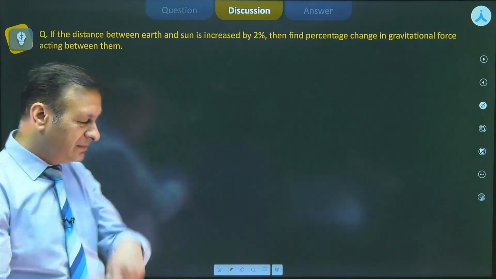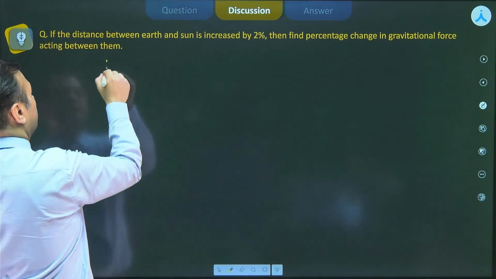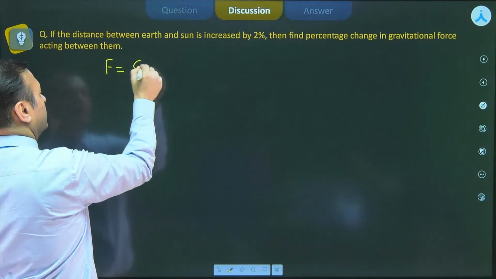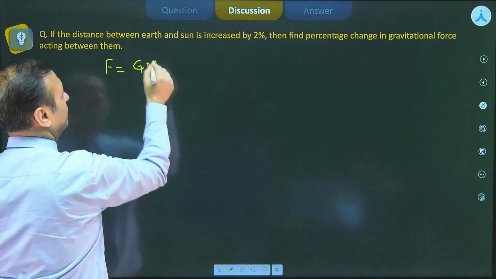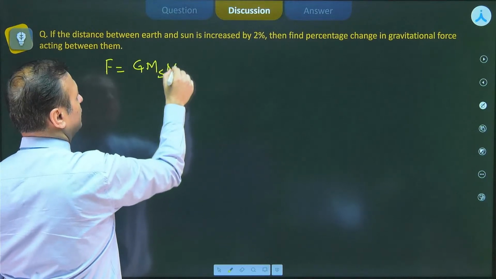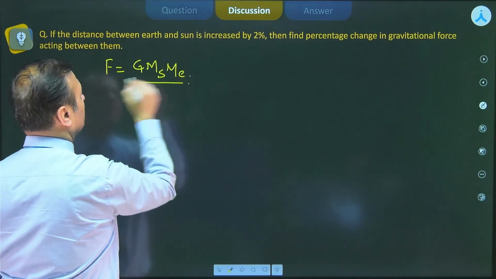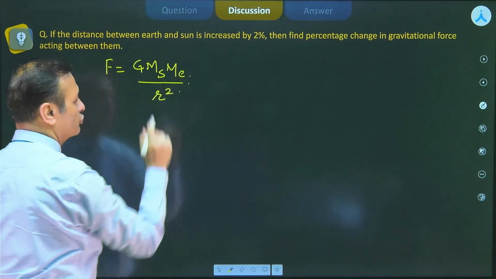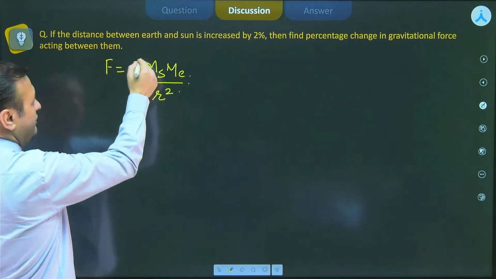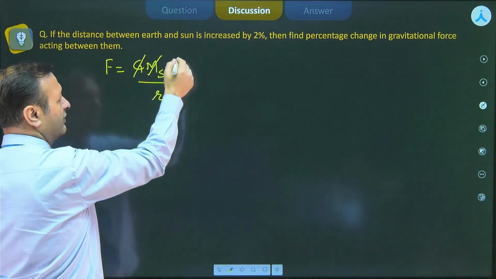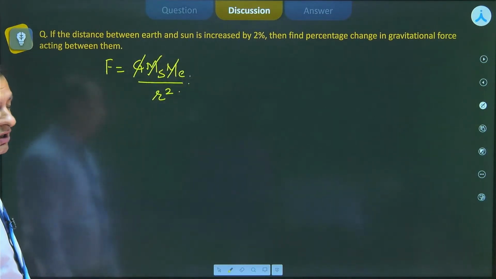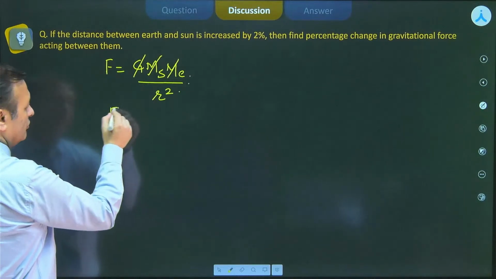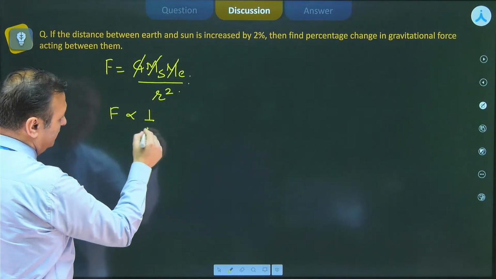Gravitational force is given by G, mass of Sun, mass of Earth, over R square. G, mass of Sun and mass of Earth are all constant, so the only variable is this separation.